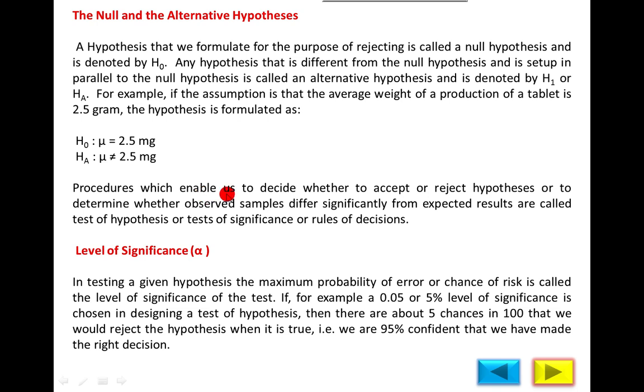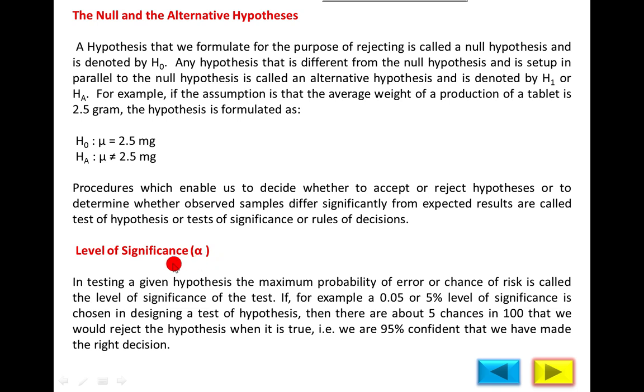It is a procedure which enables us to decide whether to accept or reject, or to determine whether the observed sample differs significantly from expected results. This is the observed result. We will compare this with expected results. This is called a test of hypothesis, test of significance, or rules of decisions.